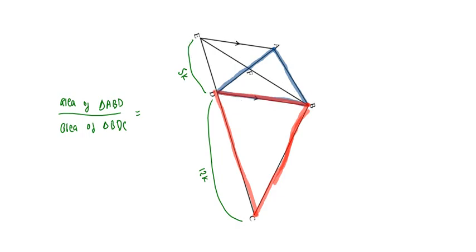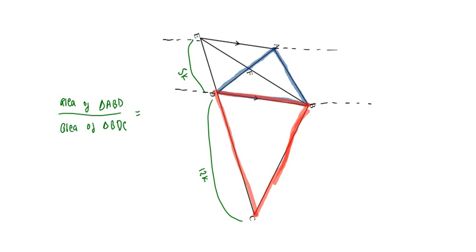And they are also between parallel lines. The fact that they are between parallel lines means that this triangle and that triangle are going to have the same area. From the get-go, you don't have to do any calculation. What you should understand is that ABD and EDB actually have the same area.